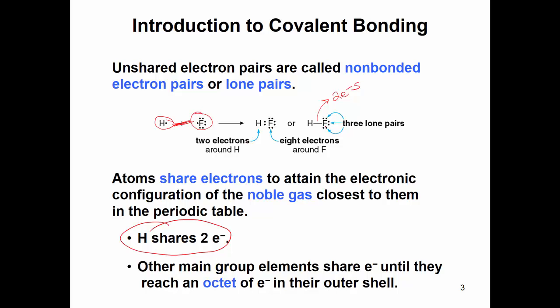However, fluorine is in group 7 on the periodic table, and so it wants one more electron to have 8. So remember our octet rule here. All of our other main group elements, which are the only ones we're going to work with, want to have 8 electrons.